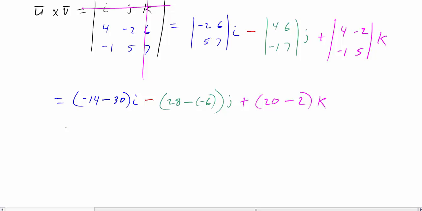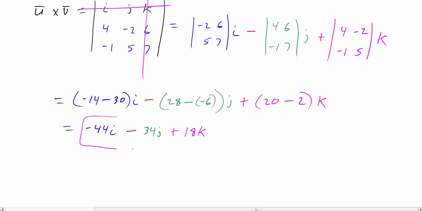So if we go back and simplify this, then we would have -14 minus 30, so that would be -44i, and then we have minus 28 minus a negative, so that's 28 plus 6, which would be equal to 34j. And then the last one here we have plus 20 minus 2 would be 18k.